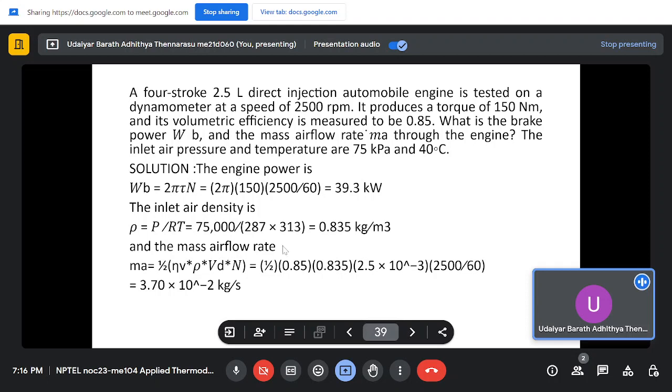Volumetric efficiency is defined as m dot A divided by rho into displacement volume into number of rotations. So m dot A is half into volumetric efficiency 0.85, into rho, which we calculated as 0.835, and displacement volume is 2.5 liter into 10 power minus 3, into 2500 divided by 60. That will give us 3.70 into 10 power minus 2 kg per second.